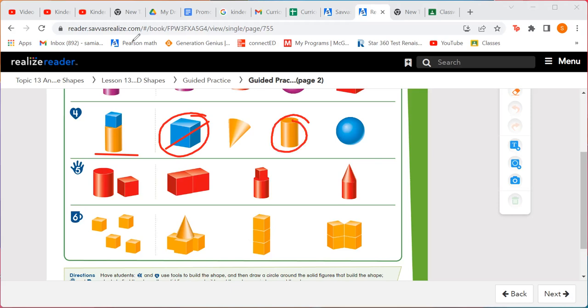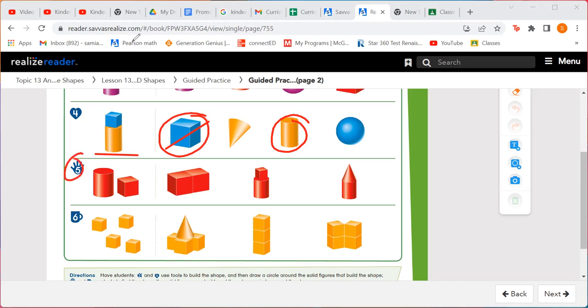All right, now for number 5 and 6, you're going to use the tools to find the shape the solid figures can build, and then you're going to draw a circle around the shape. So look at number 5.